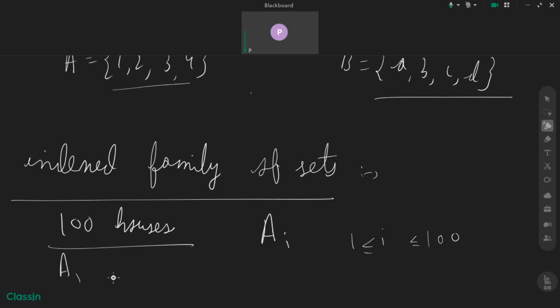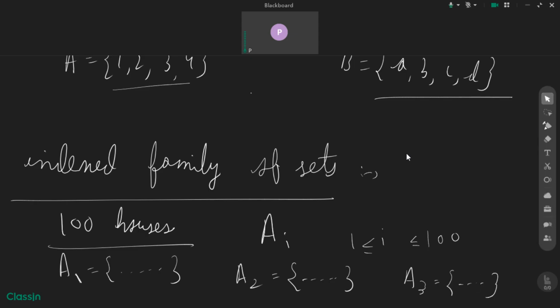If I take A1, A1 means the first house, and this set will represent the names of the members of the family. If I take A2, it will represent the names of the members of the family in the second house. If I take A3, similarly, it will represent the names of the members of the family in the third house, and similarly up to 100.